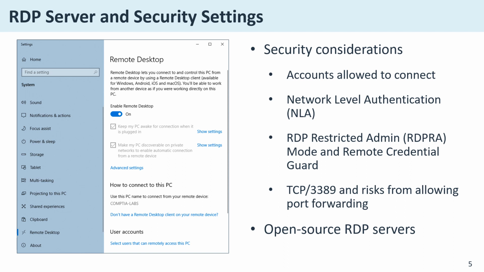To protect against these risks, use strong passwords, enable network level authentication, NLA, that we discussed in the previous slide. Change the default RDP port. Use RDP gateways for secure access.